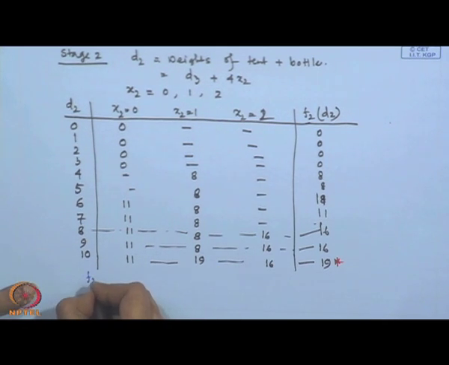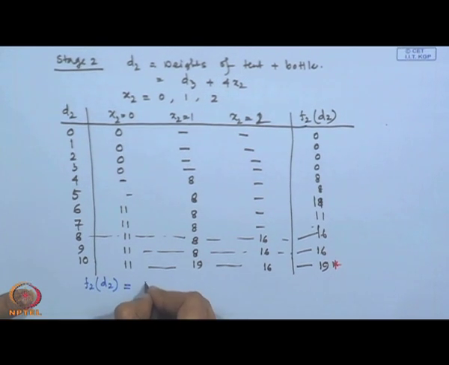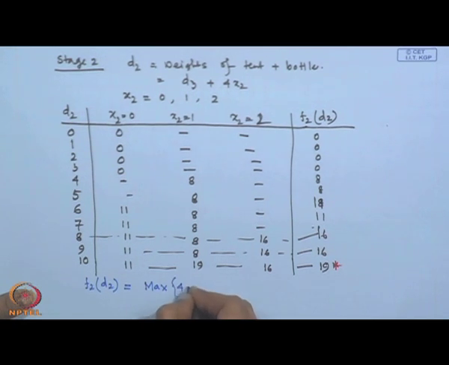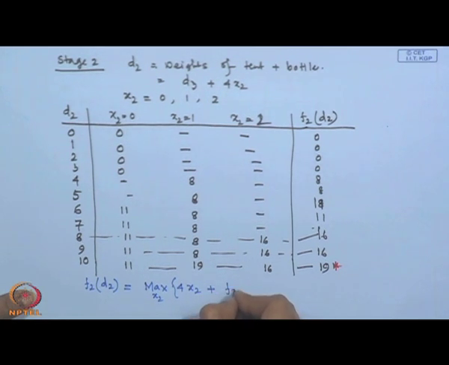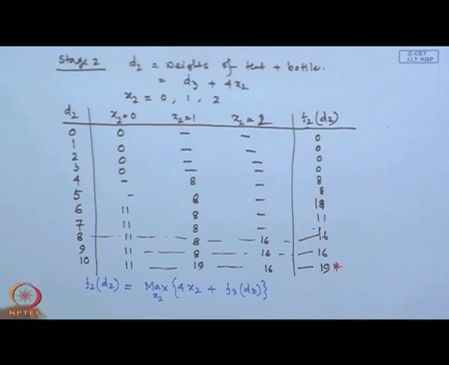We can say that F2 D2 equal to maximization of 4x2, all right, plus F3 D3, clear?